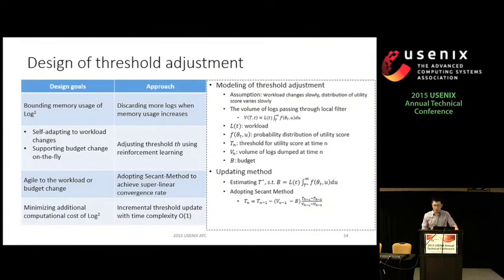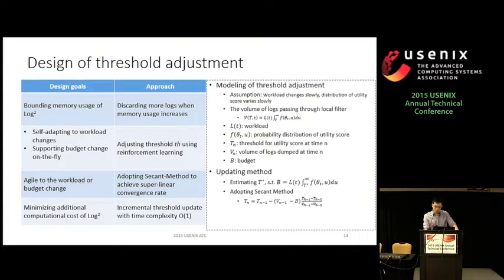Adjusting the global threshold is the key to the success of the global filter. First, the memory usage of the cache needs to be controlled to assure the low resource usage of LogSquare. Therefore, the threshold adjustment should let more logs be discarded when memory usage increases. Second, the threshold adjustment should be agile to workload changes, since workload changes are very common in real systems. We adopt techniques from the reinforcement learning literature to address it.